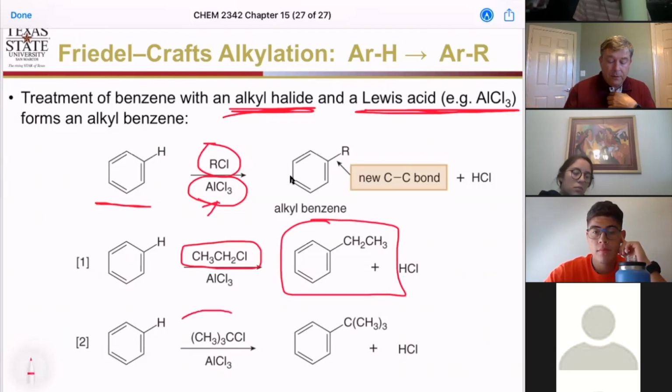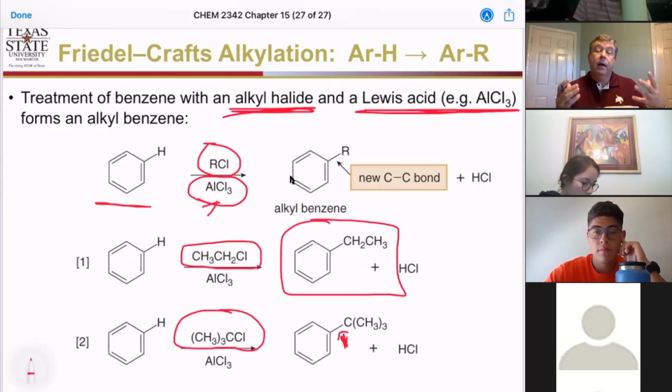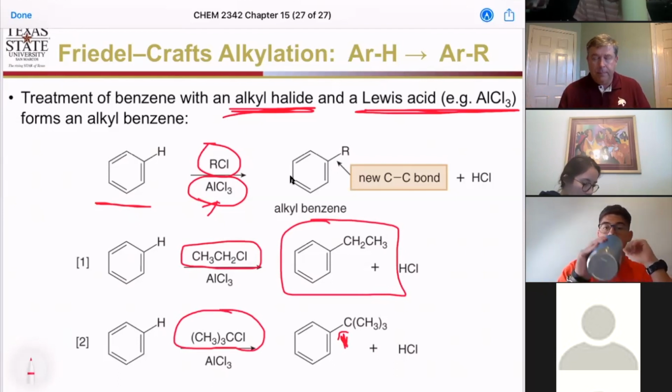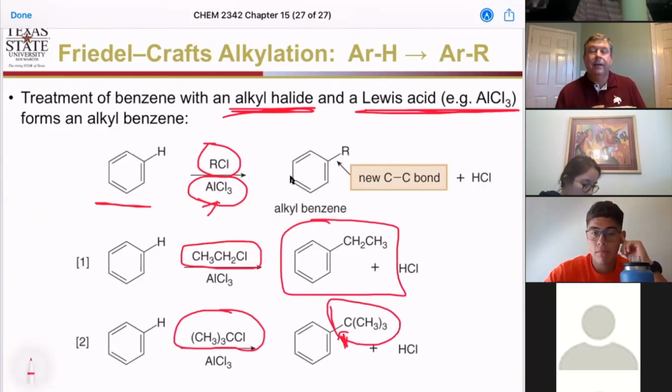If we use a tertiary alkyl halide, we'll end up with a tertiary carbon here, and so this would be t-butylbenzene, or t-butyl phenyl, let's see, forgot the name. Anyway, it's this t-butyl group that is hooked onto the benzene there, so that is the t-butylbenzene.